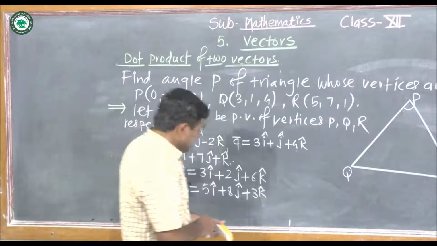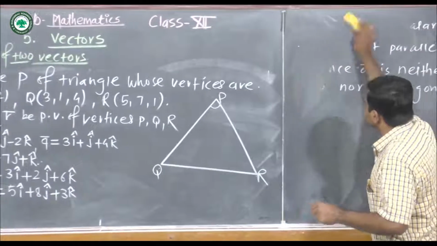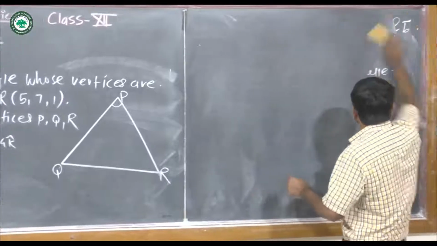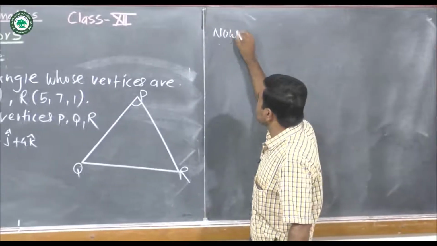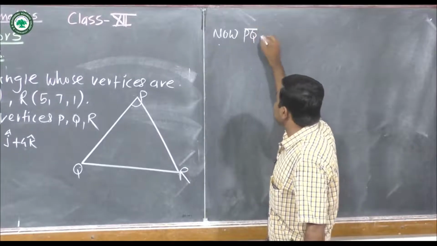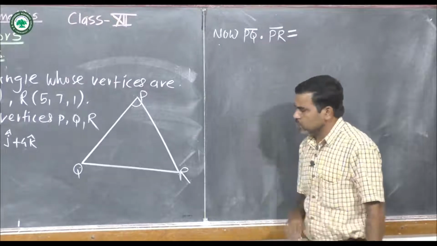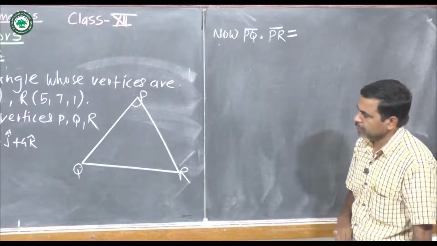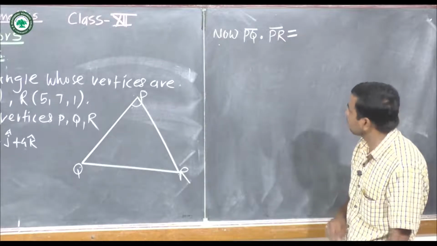Now take the dot product of these two vectors. Now PQ bar dot PR bar is equal to, PQ bar and PR bar are given here.